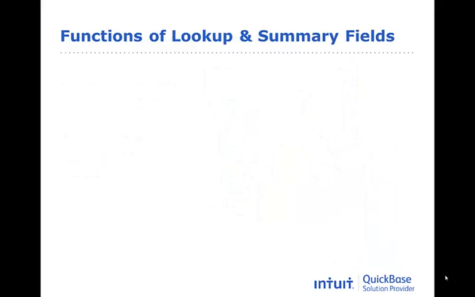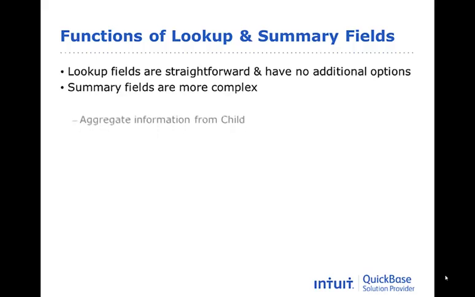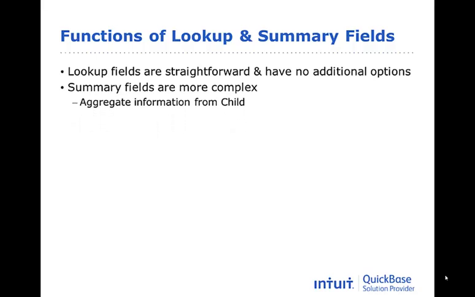With respect to structure and use, lookup fields are pretty straightforward. They are built from within the relationship between two tables and take information from the parent to the child table. Summary fields, however, are a little more complex.